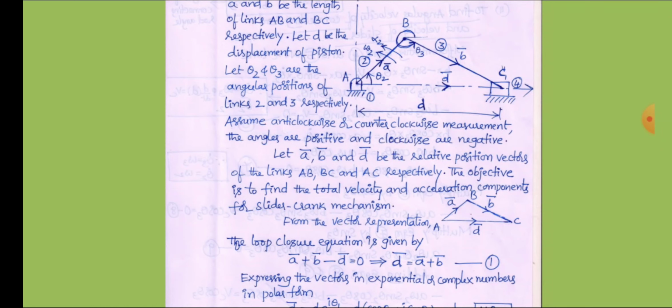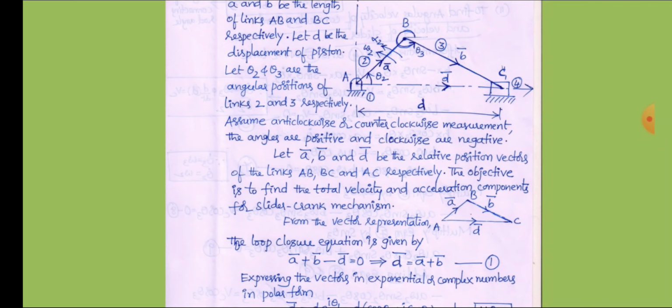Next, a bar is the relative position vector of the link AB. In the beginning I told the three expressions to be remembered, how to represent any link in vector form: r into e power I theta. Here it is a bar, therefore I wrote a instead of r, and e power I theta 2, because it is the relative position vector of link 2, that is the crank.